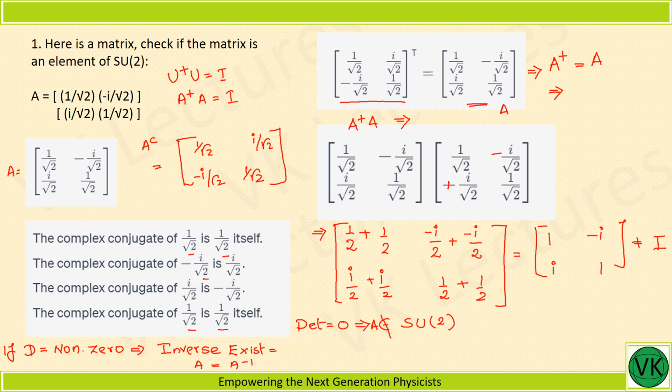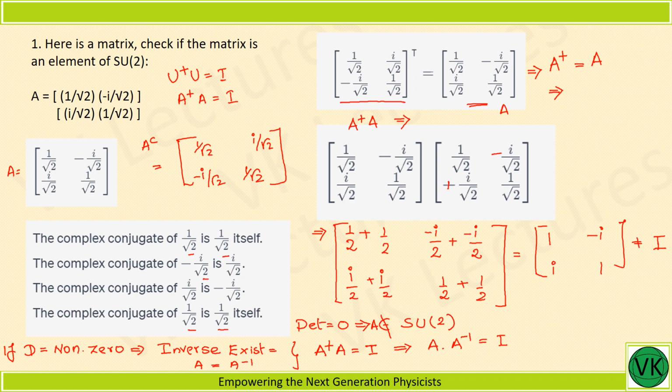Now if we are writing the unitary matrix and we say that A dagger A equals I, it simply means that A times A inverse equals I, matrix times its inverse equals I.